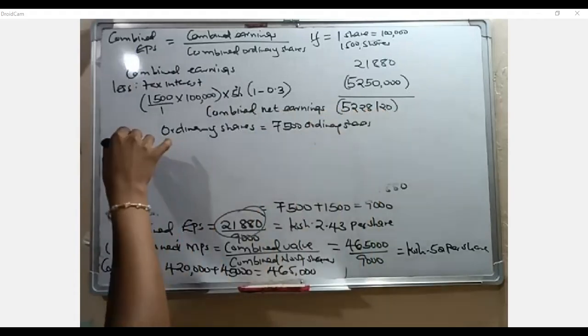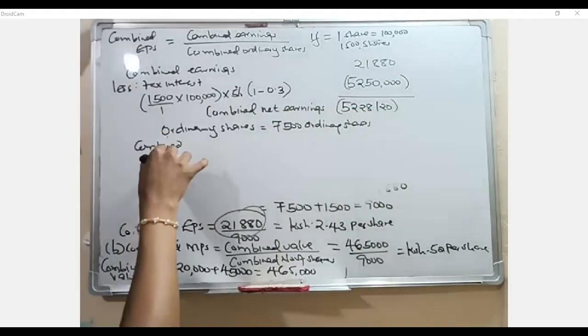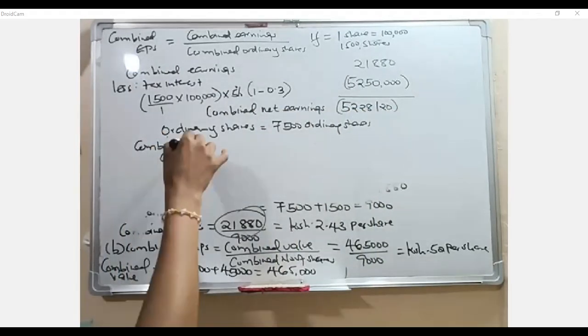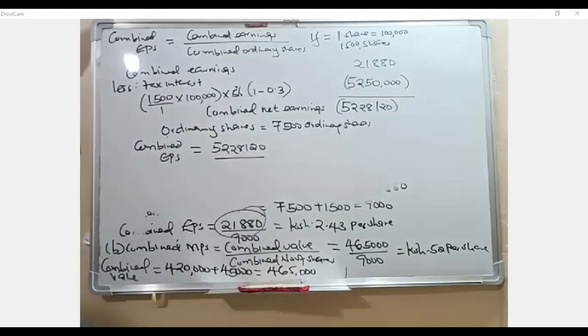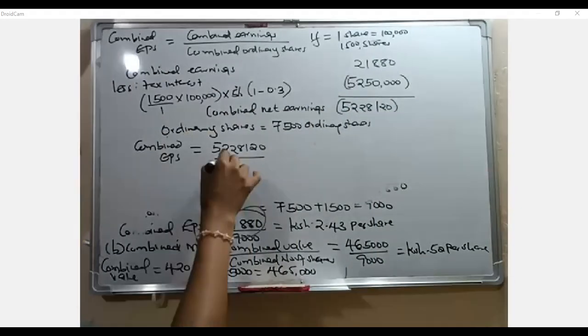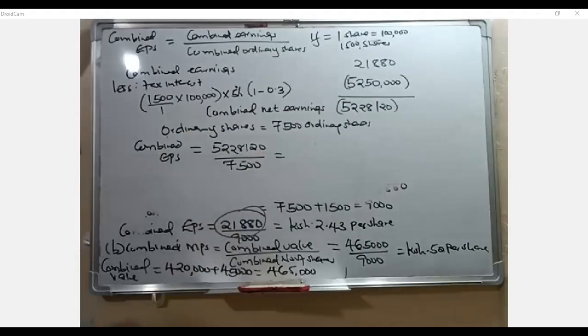So let us get the combined earning per share. In this case, we have to take 52,28,120. Then you divide by the number of ordinary shares that you are holding within the organization, which is 7,500. And remember, this one is negative.